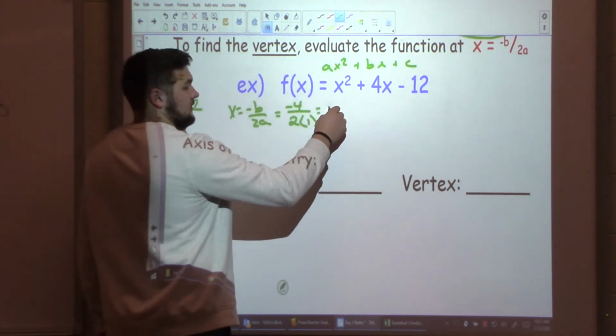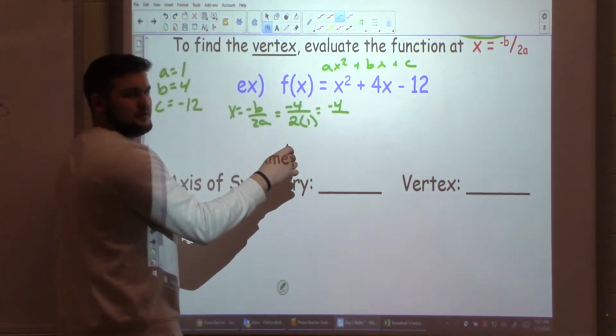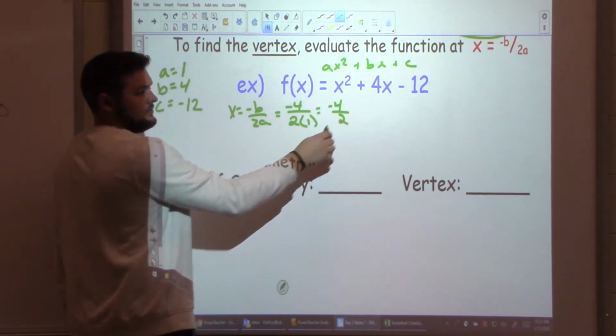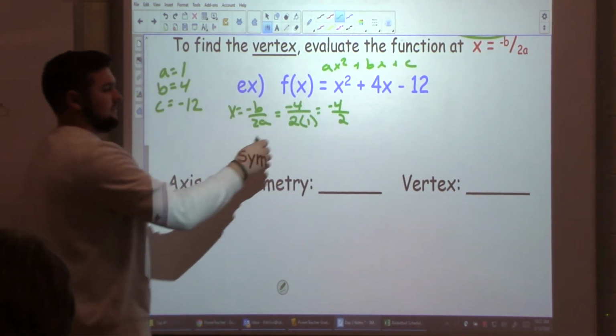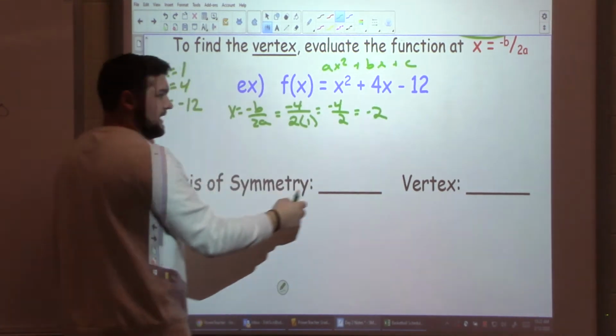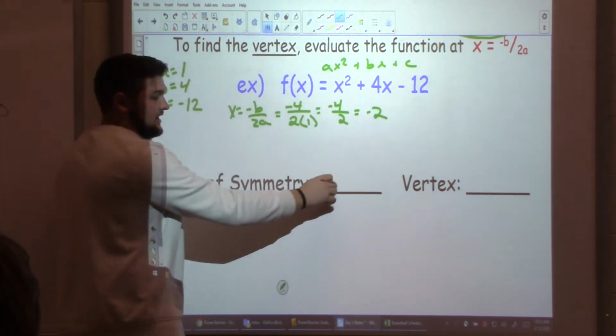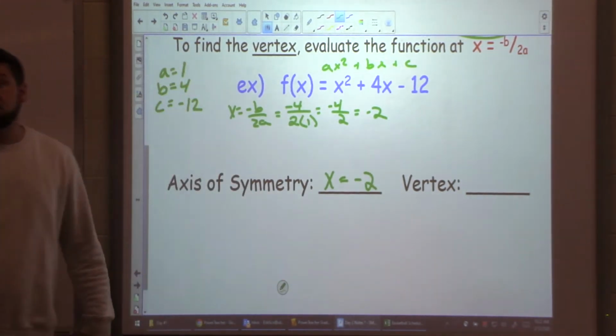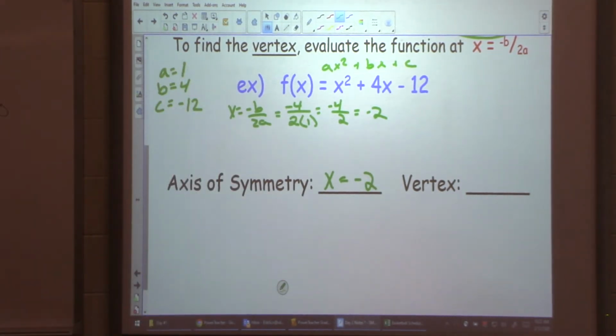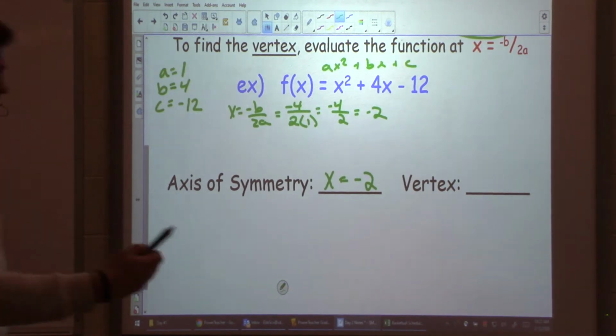Well, what's 2 times 1? 2. What's negative 4 divided by 2? Negative 2. So my axis of symmetry is x equals negative 2. If you just put negative 2 on the test, it will get marked wrong, because your axis of symmetry is a line, it needs an equation. So x equals negative 2.